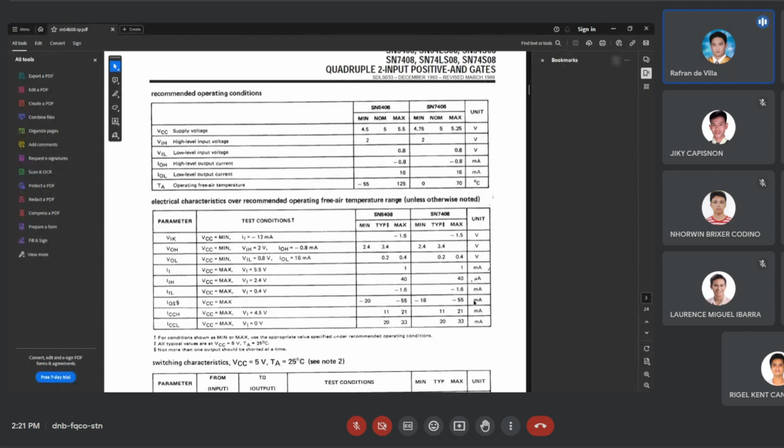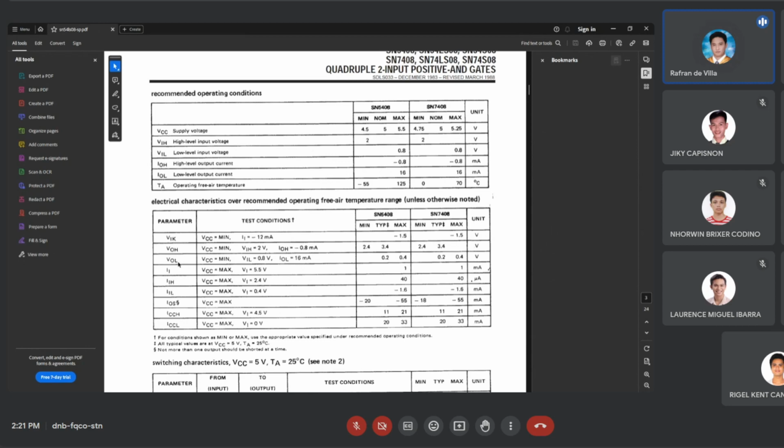Now, usually when we talk about voltage output high or voltage output low in a digital IC, what comes to mind is basically 5 volts or 0. But if you look here on the data sheet, there is what is called a typical range, which is around 3.4 for output high or 0.2 for output low.